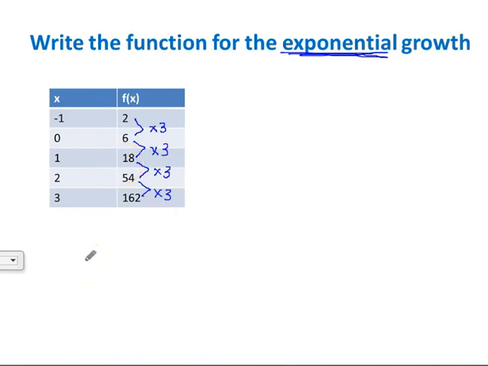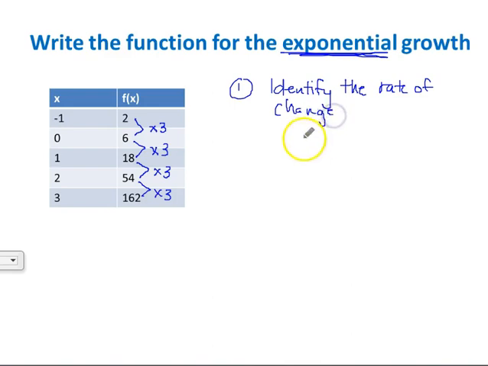So to find the function rule, the first thing that we want to do is identify the rate of change. In this case, we're multiplying times 3, right?